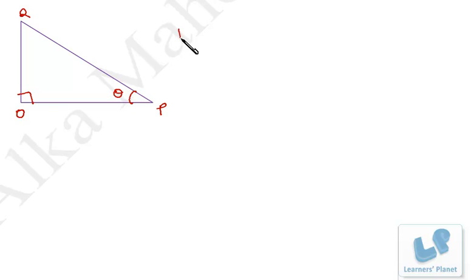So according to Pythagoras theorem, what's the relationship among the 3 sides? That's OQ square plus OP square is equal to PQ square, right? So this is the relationship among the 3 sides.